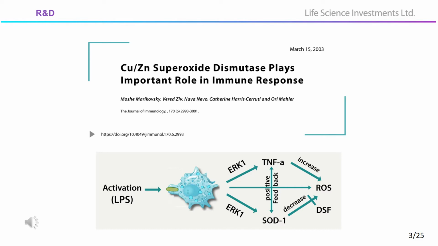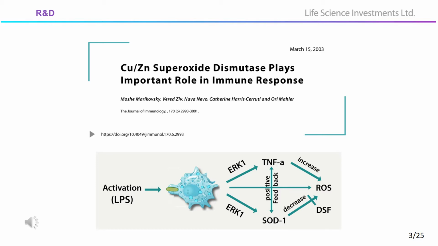In case of infection or infectious disease, there is an activation of macrophages, and the macrophages are producing, among other pro-inflammatory cytokines, tumor necrosis factor alpha, TNF alpha, which is leading to an increase of free radicals.